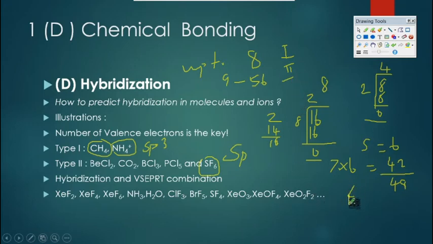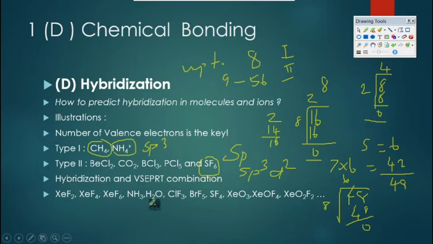So 48 should be divided by 8. We have the quotient 6. Then there is no remainder. The quotient will give 6 hybrid orbitals, sp3d2. So SF6 undergoes sp3d2 hybridization.